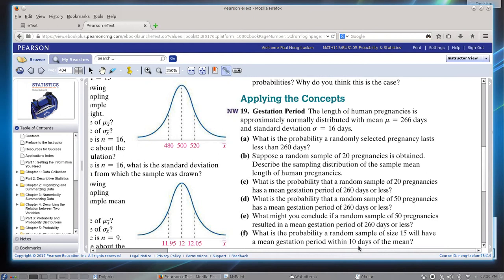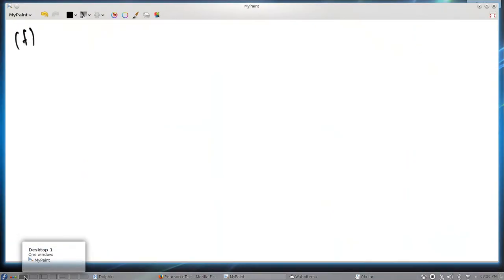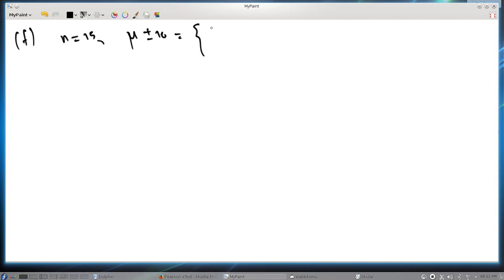So for n equals 15, we want to compute the value that is within 10 days of the mean value. Here you have 266 minus 10, that is going to be 256. 266 plus 10 is 276.